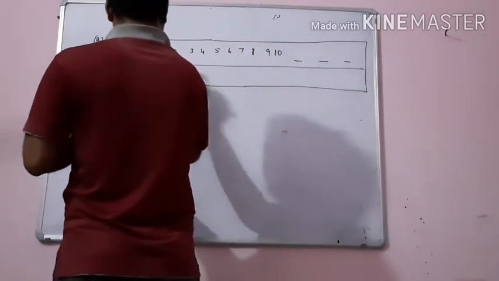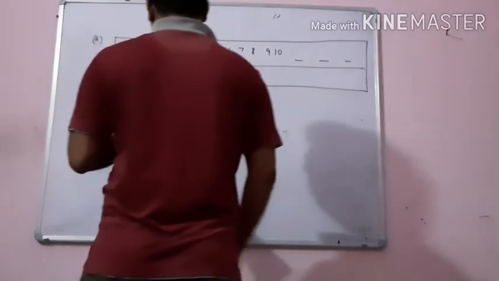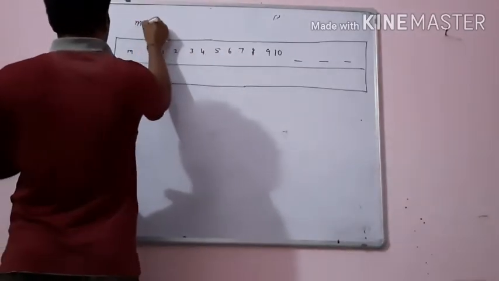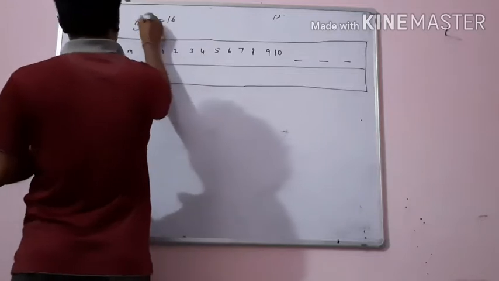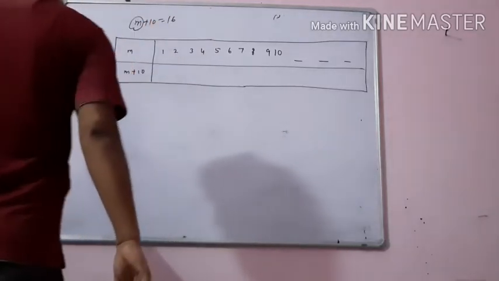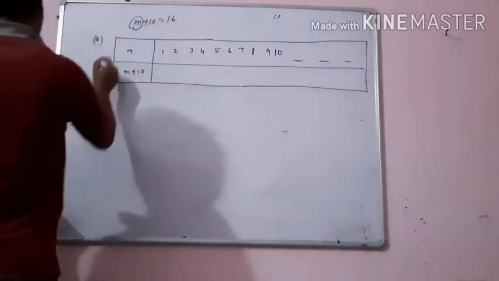Similarly we have to write here and find m plus n. m plus n equals 16. What is the value of n? Now by this table we will find n.